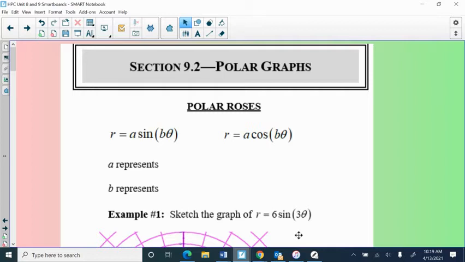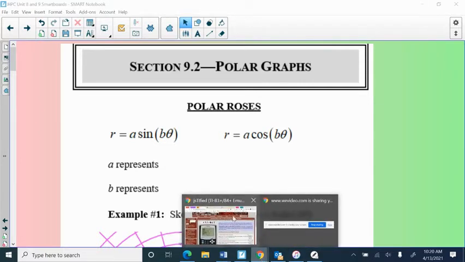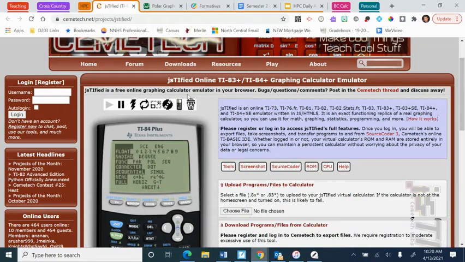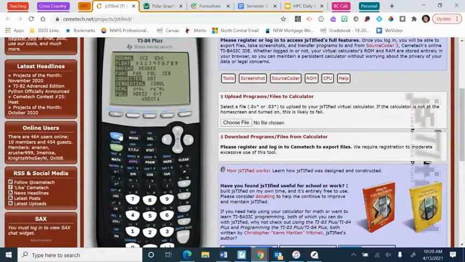I want to show both on your graphing calculator how to switch into that mode, and also on Desmos, if you wanted to explore a few things as we start looking for these patterns and relationships. I've got a website pulled up here to simulate the graphing calculator. From your home screen, go to mode, right there on the top.